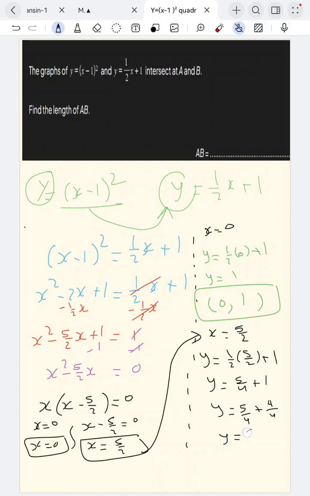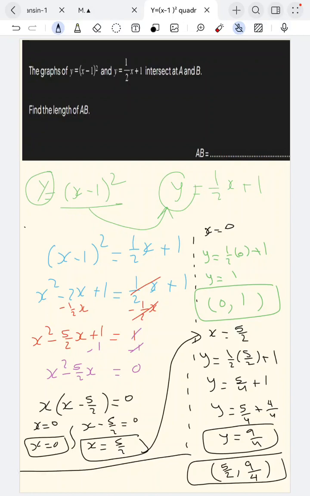So y will be 9 over 4. When x equals 5 over 2, y is going to be 9 over 4. That's the second point. Now I got A and I got B.